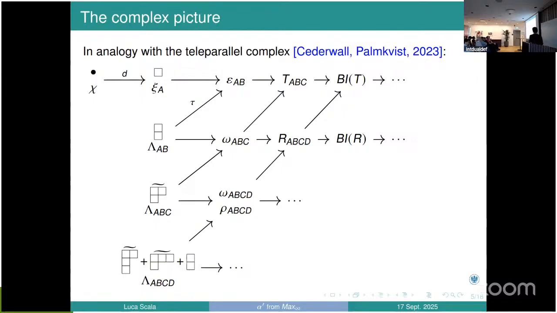A complex essentially is just a graph whose vertices are vector spaces, and the arrows connecting them have some particular properties. Essentially, they are nilpotent: they square to 0, and the image of the first one is in the kernel of the second. So what is the idea here?